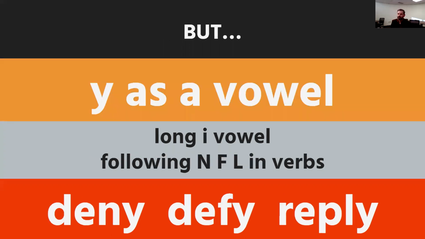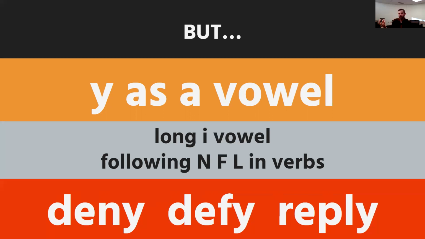Okay, so here's another complexity to this English system. Sometimes in a multisyllabic word, that Y will keep the long I sound, like in the word try. This happens most often after the letters N, F, and L, and in verbs. This is because generally we are stressing that second syllable.